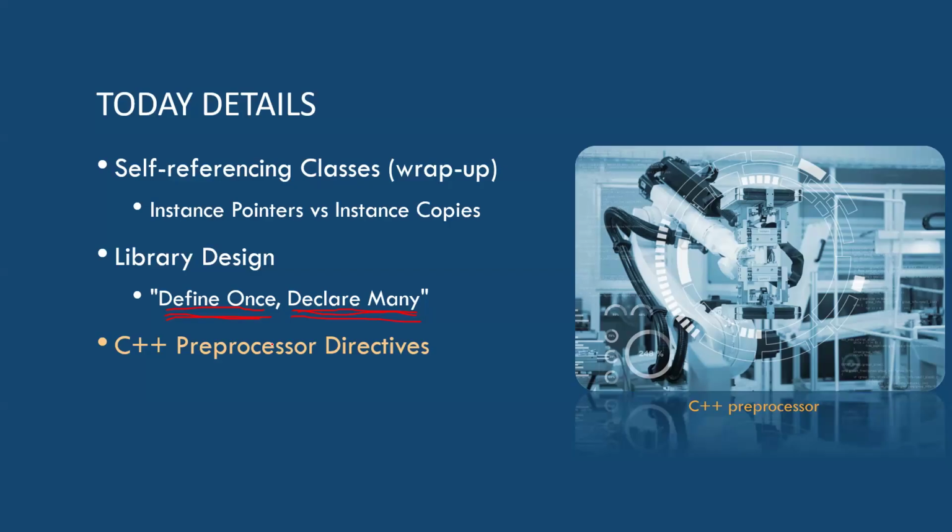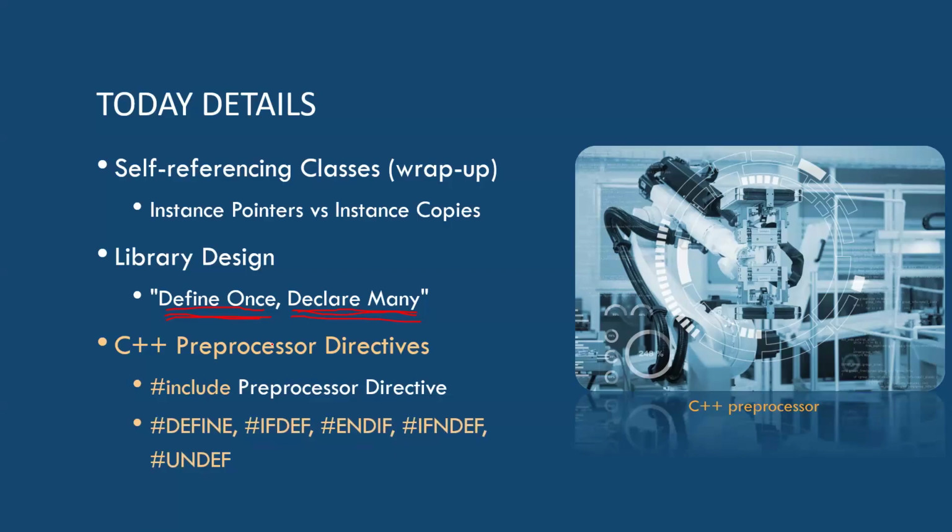All it knows how to do is be a copy-paste monster. And so we see things like pound include. That is a copy-paste directive. It's like, hey, go get that code over there and paste it exactly right here. We will also explore today some others: pound define, pound ifdef, pound endif. You can do some pretty crazy things with these, and people certainly do.